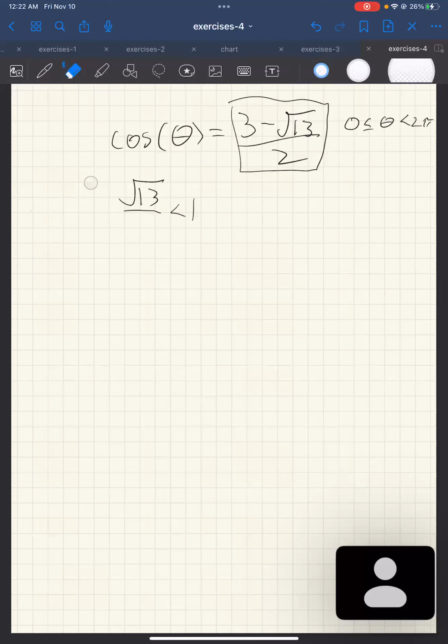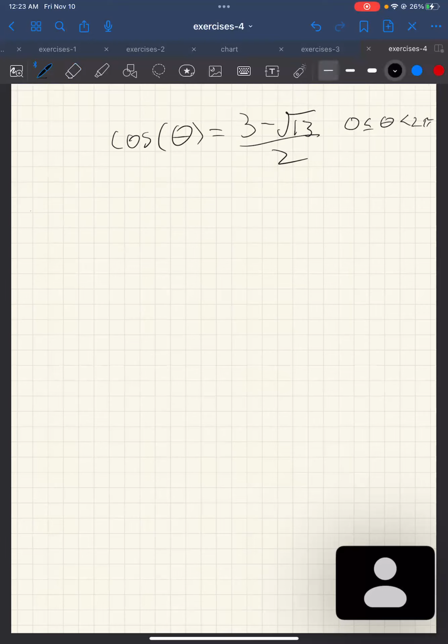And now we want to figure out what angle could possibly be plugged into this value to give me this output. Well, what did we talk about before that takes an output for cosine and gives you the input? What did we do before that undoes our cosine function?